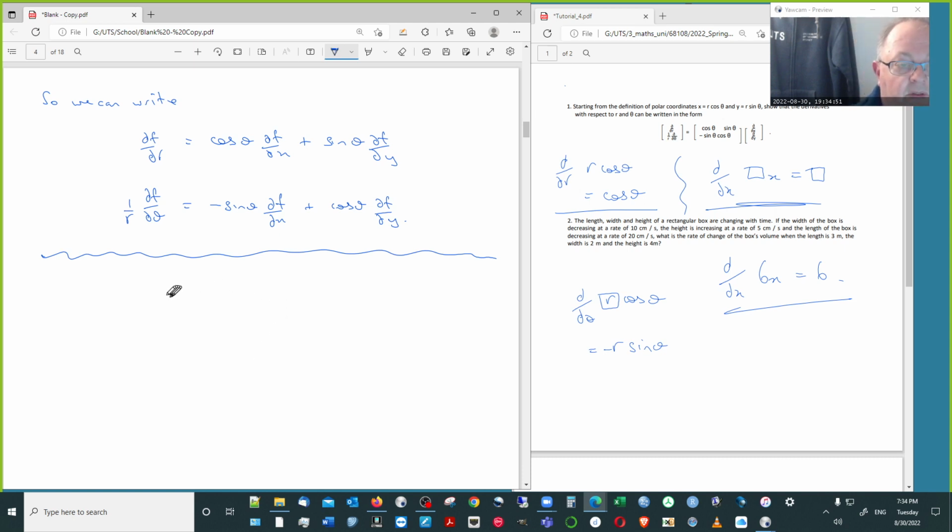If I write this in its form, partial f with partial r, and 1 over r partial f with partial theta, so that's going down that one side of the tree, and then the coefficients that I've got left are cos theta, sine theta, minus sine theta, cos theta. Now look at this, what can you tell me about this bit?